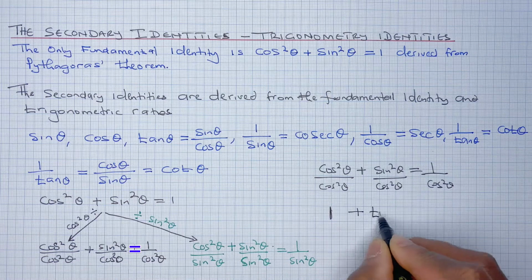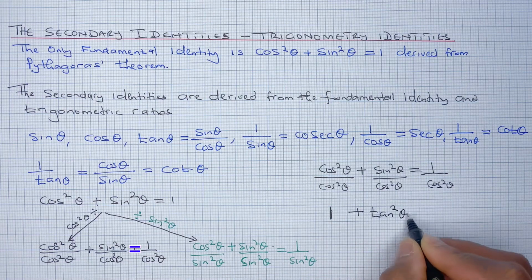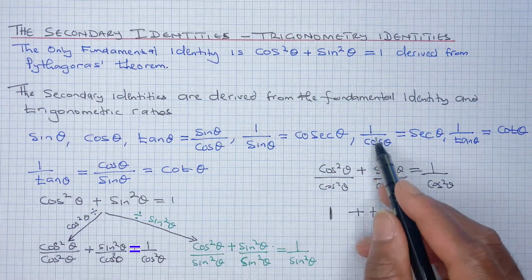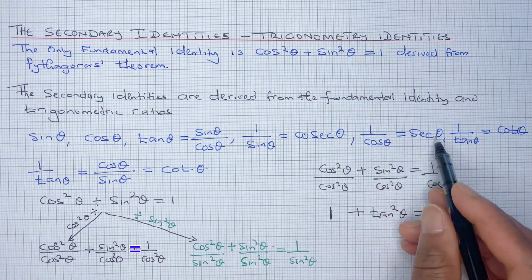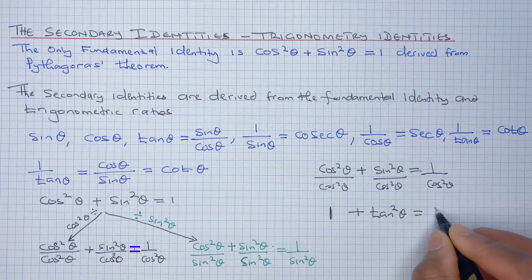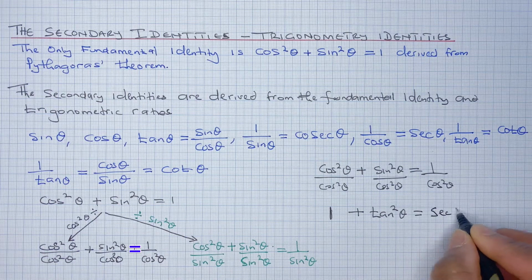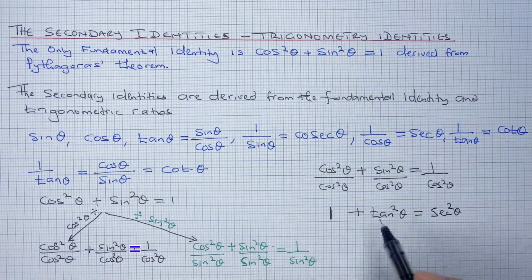So that'll be tan squared theta equals 1 over cos theta, which is sec theta. So that would be sec squared theta in this case, because we're squaring this.